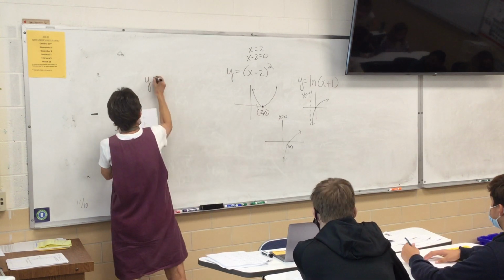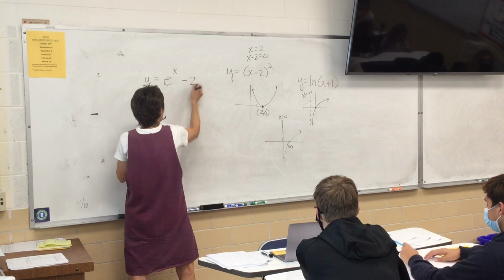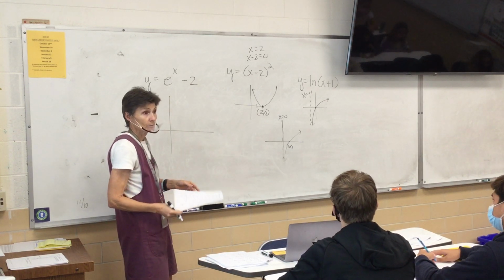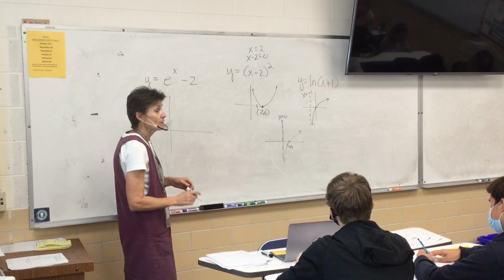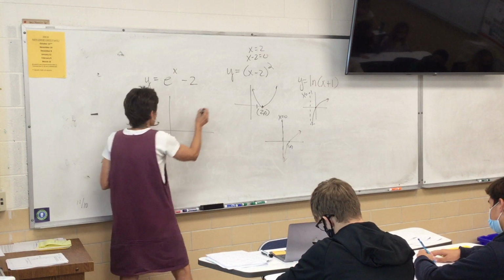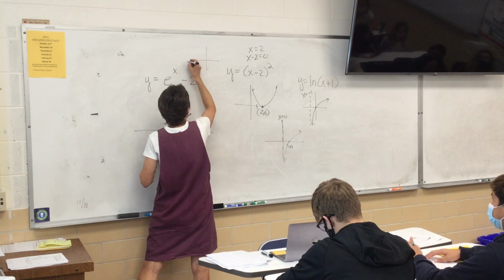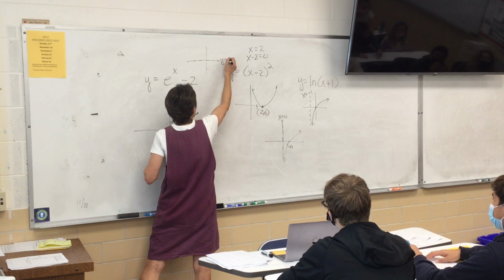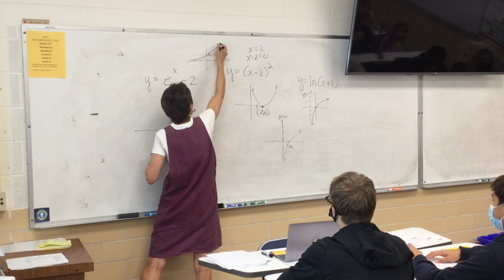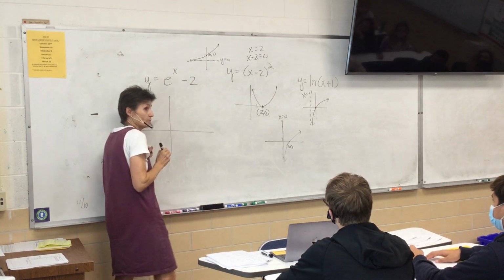Now, what about this one? It's going down 2. Well, again, this is a little more complicated. Your exponential has an asymptote at 0 and an intercept at 1 and looks like this. That's your exponential.